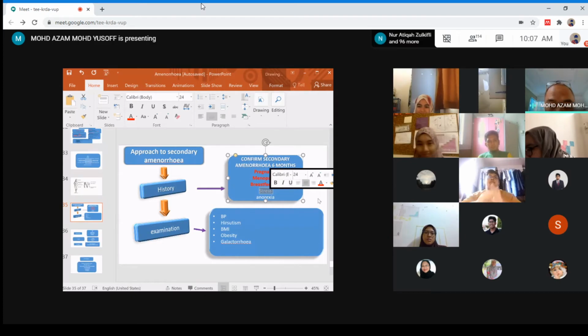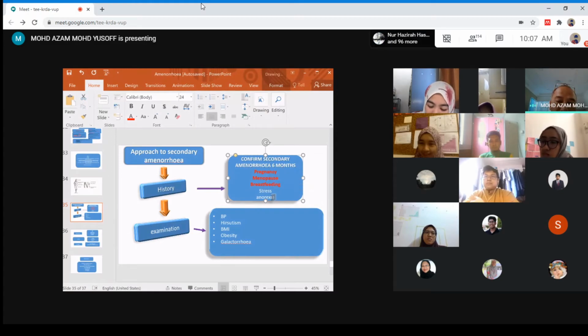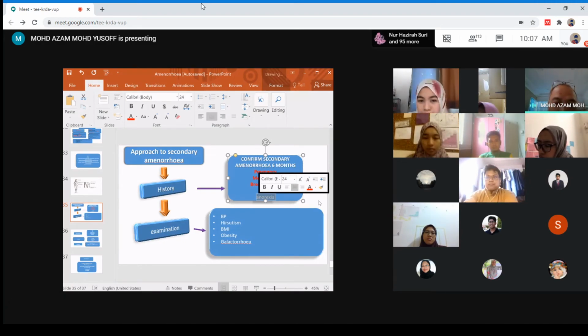If you are stressed in the exam, sometimes your menses is disturbed. Any stress, occupational stress, emotional stress. Anorexia is one of the causes. But I think in Malaysia, not many cases as far as stress and anorexia are concerned.